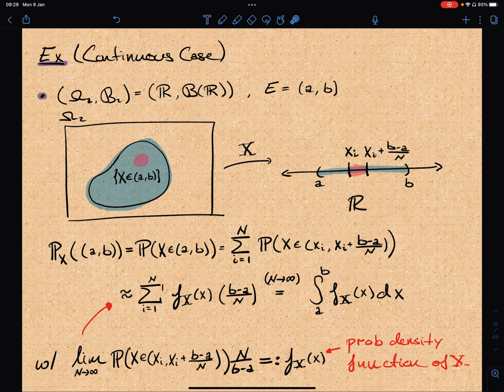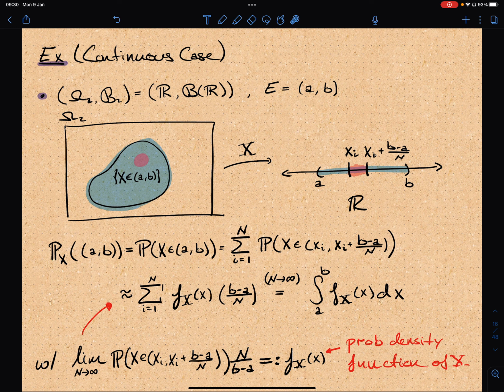Now, let me move on to the continuous case. Before, we were working with the target space being the integers. Now I'm working with the target space being the real numbers. And here, again, events are generated by open intervals.